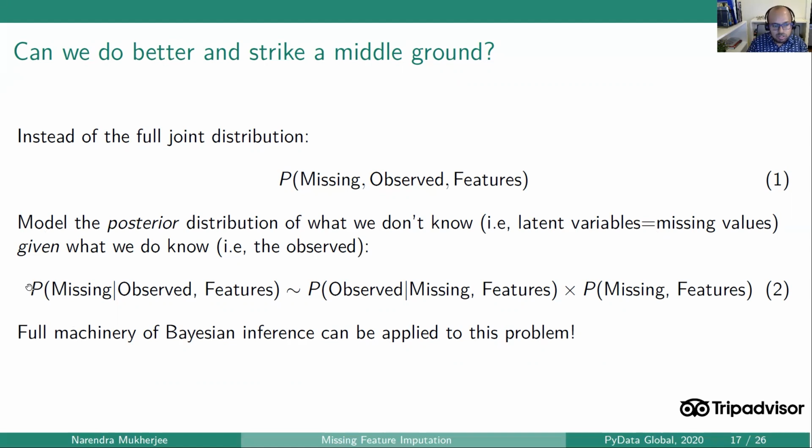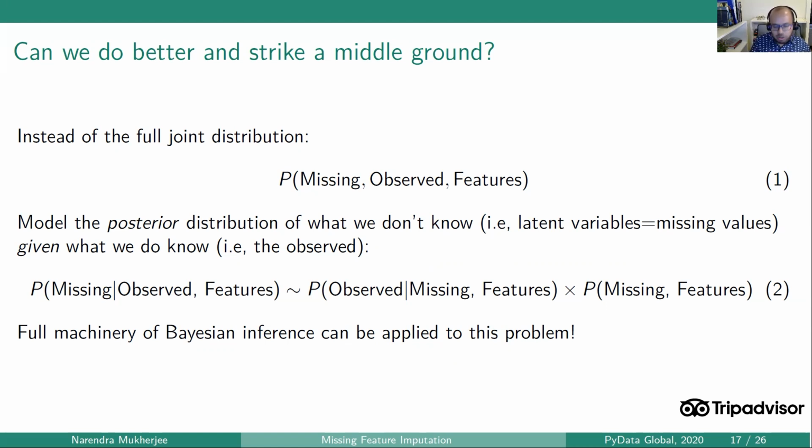So the posterior over the missing values given the observed is proportional to the likelihood of the observed given the missing and features, and a prior over the missing values. And this is just Bayes' rule in action over here. And as you can see, we can apply the full machinery of Bayesian inference to this problem, to this sort of conditionally independent distribution, to do posterior inference in this problem.